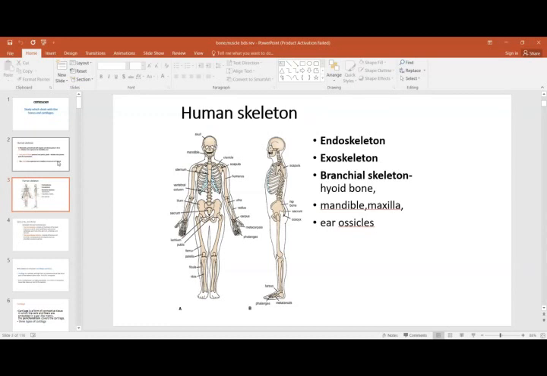They arise from the branchial apparatus at the level of the pharynx, where certain arches develop and these bones develop from that part. So they have labeled it as a separate component.